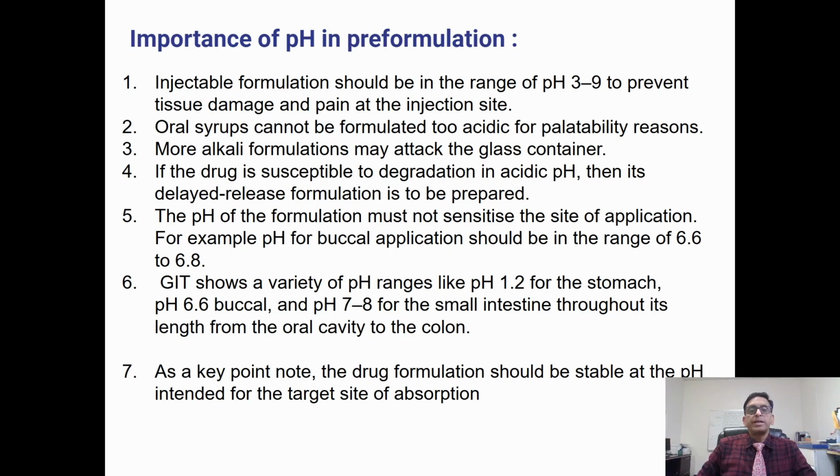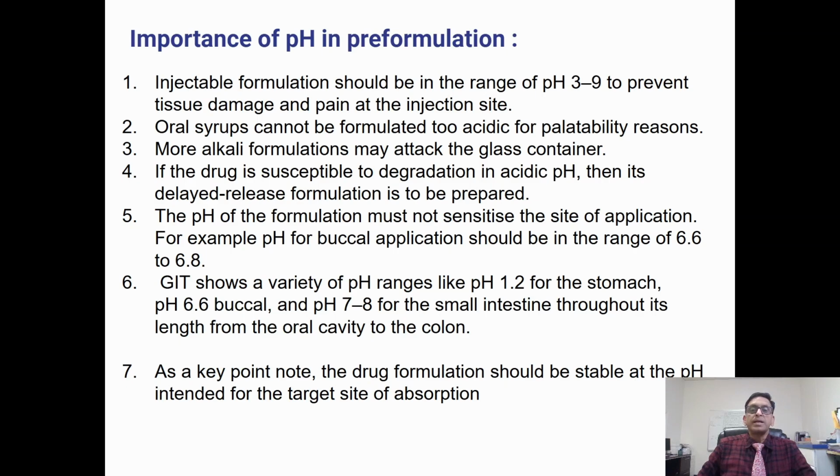For injectables, it is understood that formulations should be in the range of pH 3 to 9 to prevent tissue damage and pain at the injection site. Similarly, an oral syrup cannot be formulated too acidic for palatability reasons. Similarly, more alkaline formulations may attack the glass container.